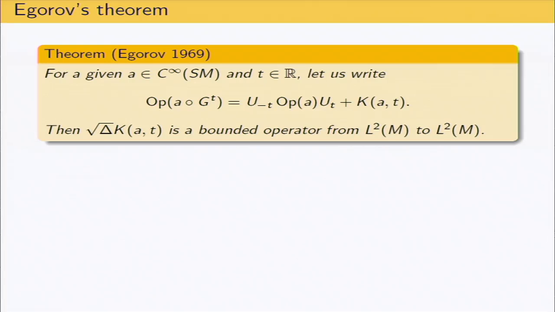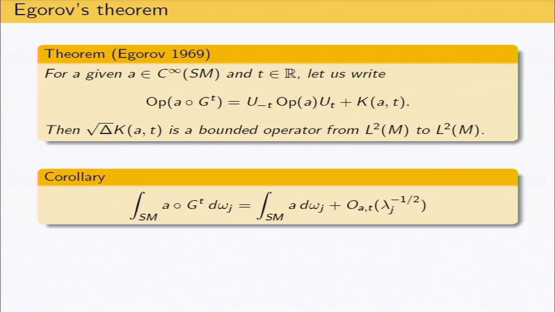And this has an important consequence, namely, if we evaluate A composed with GT at the jth Wigner measure, it's much the same as A evaluated at the jth Wigner measure. The difference is at the scale of lambda j to the -1/2, which is negligible. Actually, this error term also signifies the possible differences coming from different quantizations. So for all practical purposes, this difference is 0.